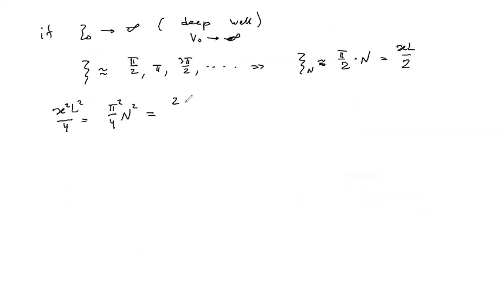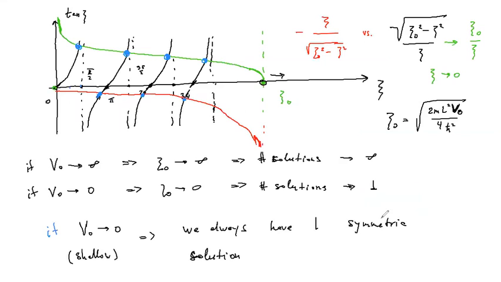So this is 2m L square, energy plus V naught, over 4 h bar square. This is my kappa square L square over 4, and it must be equal to pi square over 4 n square. Yes or no? Yes, right. This is an approximate solution of my equation for symmetric, anti-symmetric, symmetric, anti-symmetric.